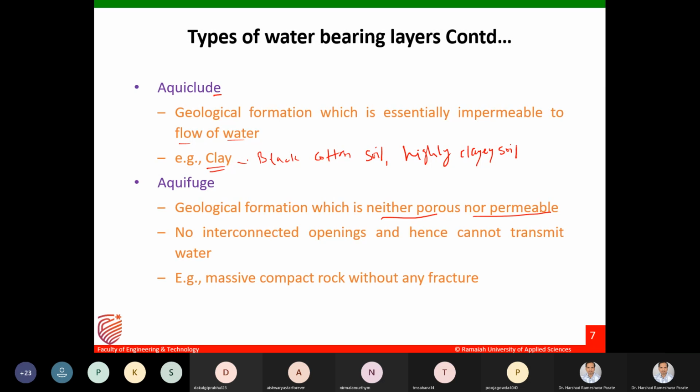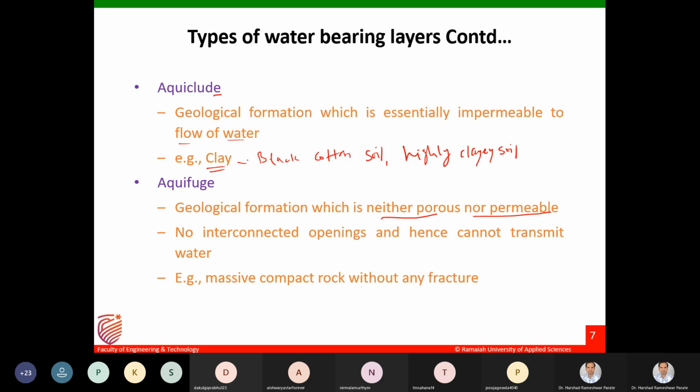Rock has very low porosity, maybe around 2%, and since there are no interconnected openings, water will not flow. When the water is not flowing, you will not be able to extract it. Though the water is present in that rock mass, you cannot extract it. That we call an aquifuge. No interconnected openings, hence it cannot transmit water. An example is massive compact rock without any fractures.